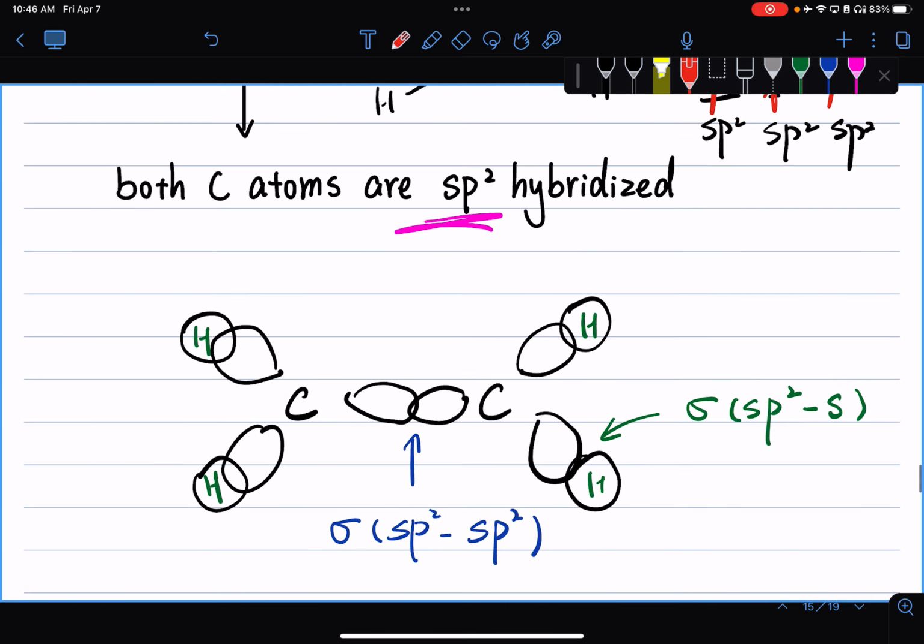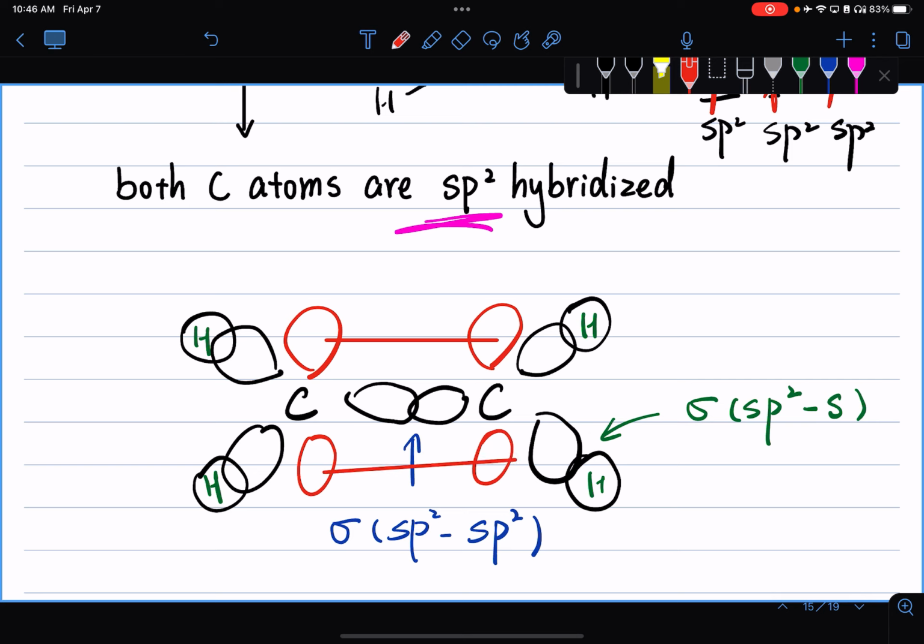So what that means is you'll have leftover p atomic orbitals that pair to make chemical bonds with each other. What we have here is one pi bond that's formed by overlapping your p atomic orbitals on both carbons to form that one single pi bond.